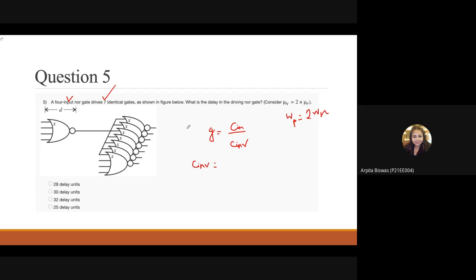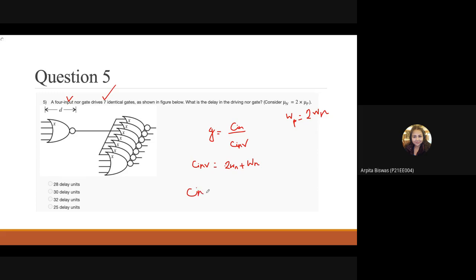For the C inverter, I have already told you that one NMOS and one PMOS is participating. For the NMOS it is WN and for the PMOS it is twice WN. So WN plus twice WN. Okay, this is the inverter. Now you have to find out the C in.